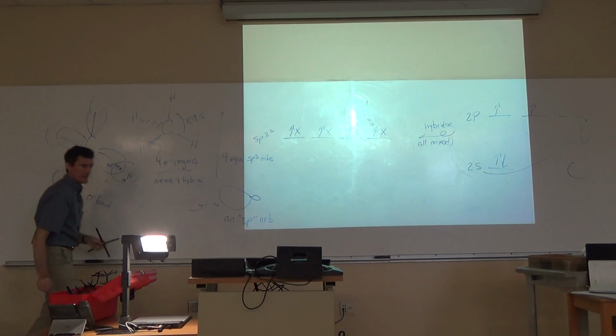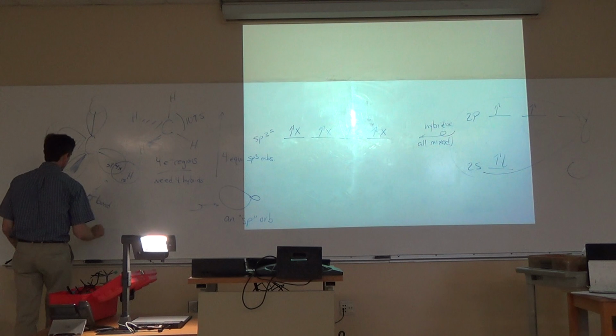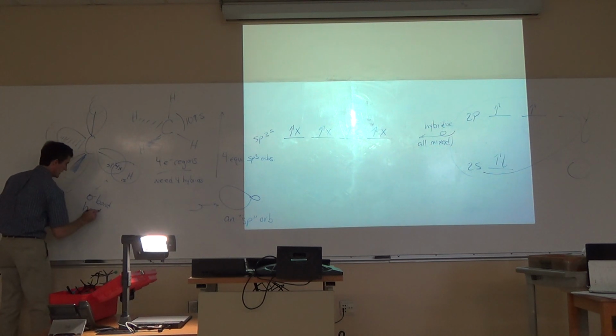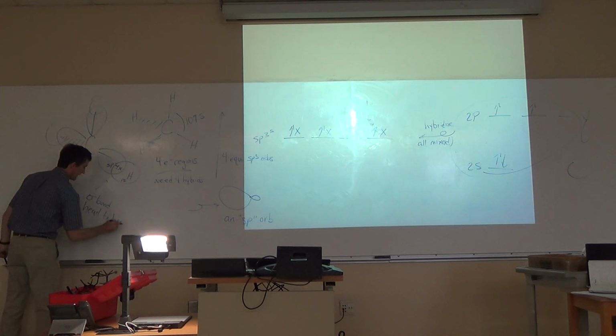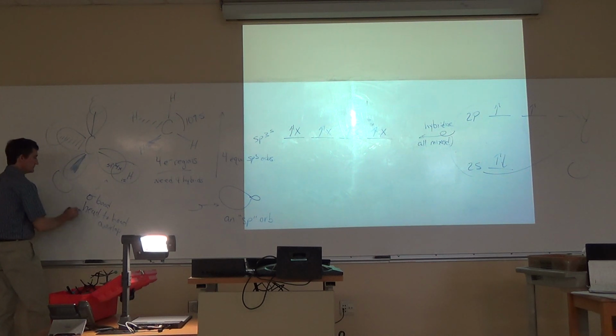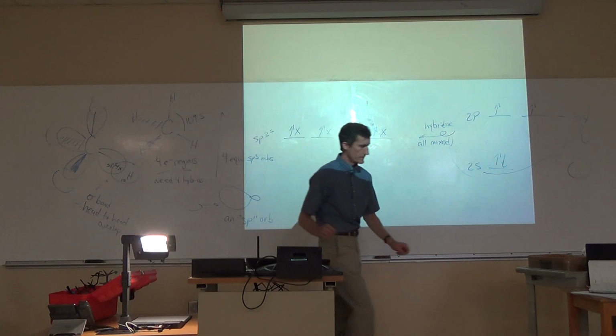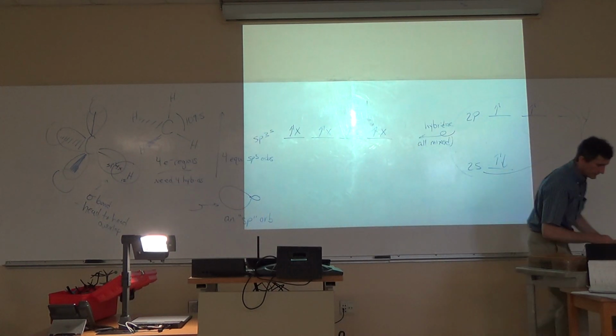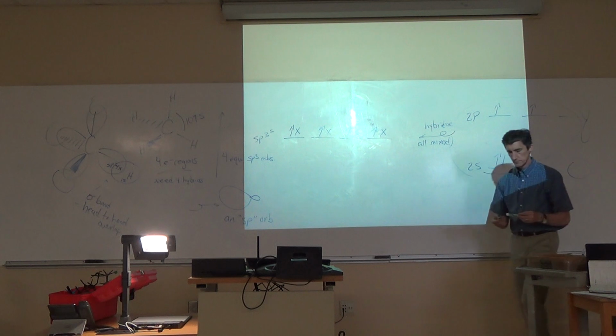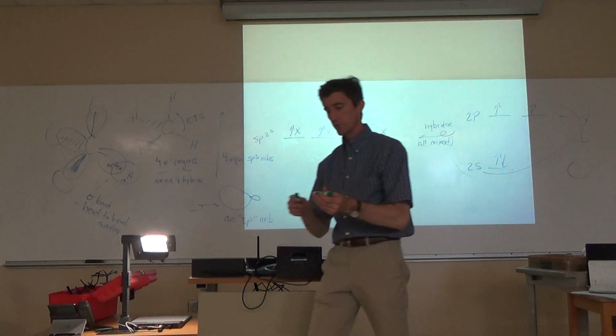A sigma bond is a head-to-head overlap of orbitals. Again, we'll show this.